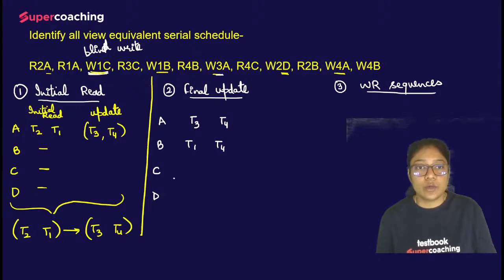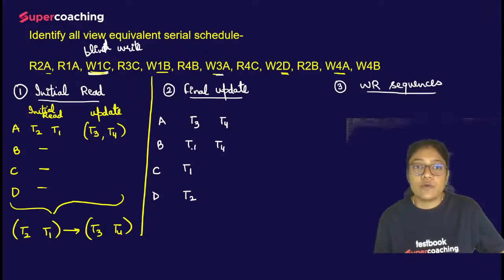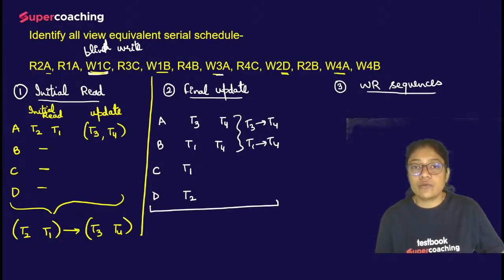Data item C is written by the transaction T1. That's it. And D is written by the transaction T2. From here, we are getting T3 to T4, T1 to T4. So this means that T3 should be executed before T4, T1 should be executed before T4. So the final result on the basis of these two dependencies is T1 and T3 should be executed before T4.